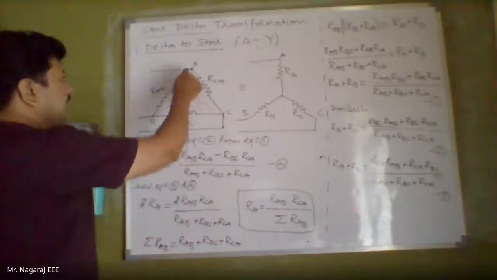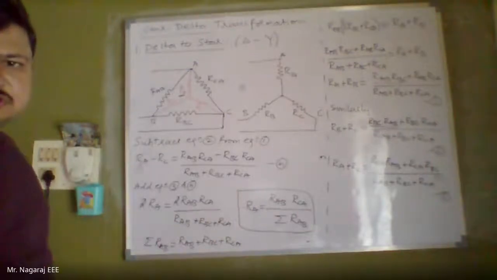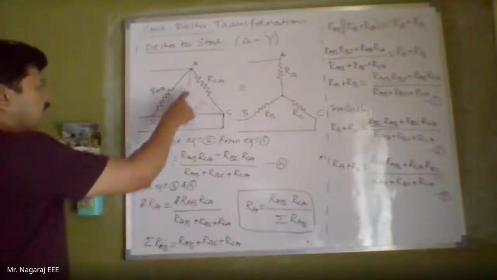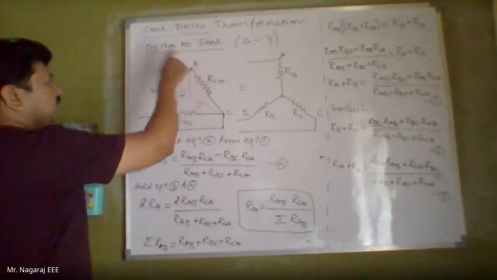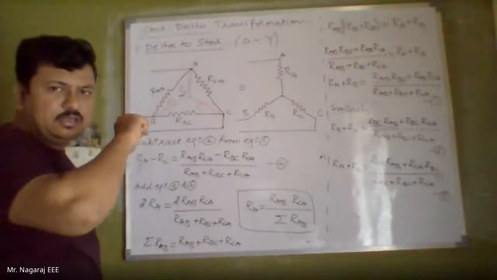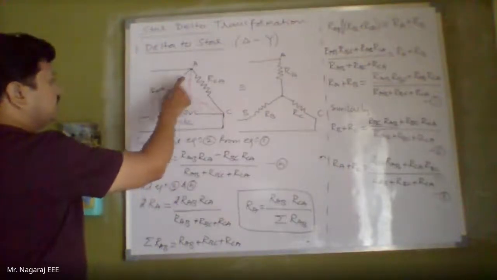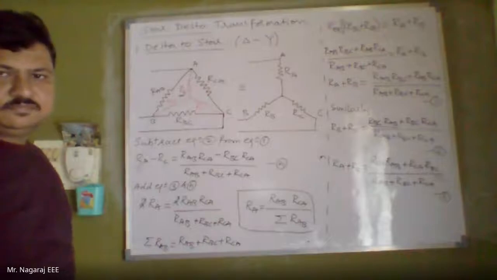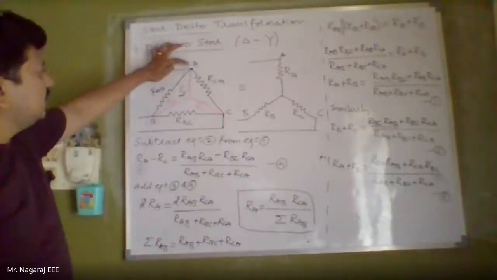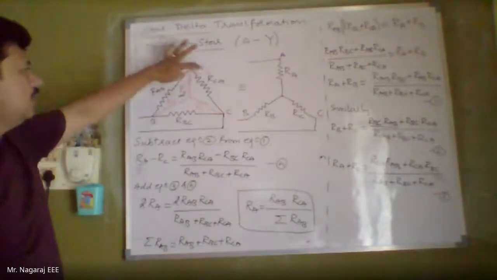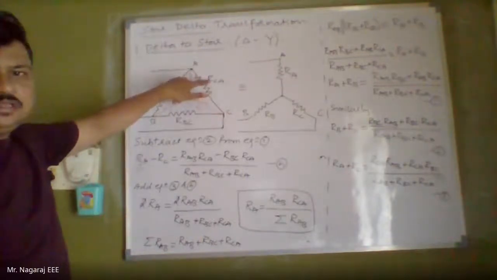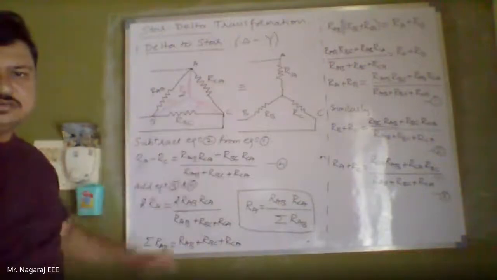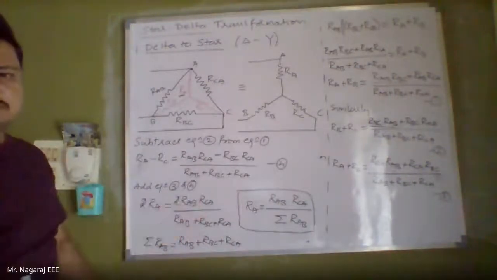You will get a node at which the delta is connected and star is connected. Now if I want RA, it is connected to terminal A. Take the product of the two resistances connected to terminal A, RAB and RCA, multiply these two, and divide by the sum of all the resistances in the delta. That is a simple logic to remember.